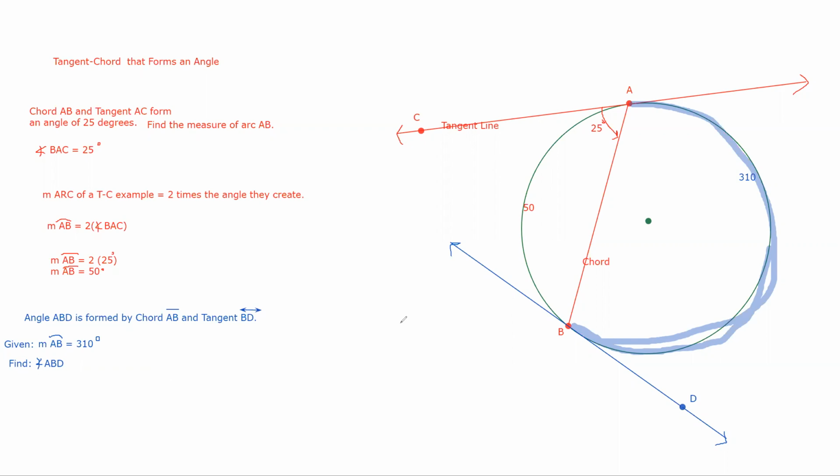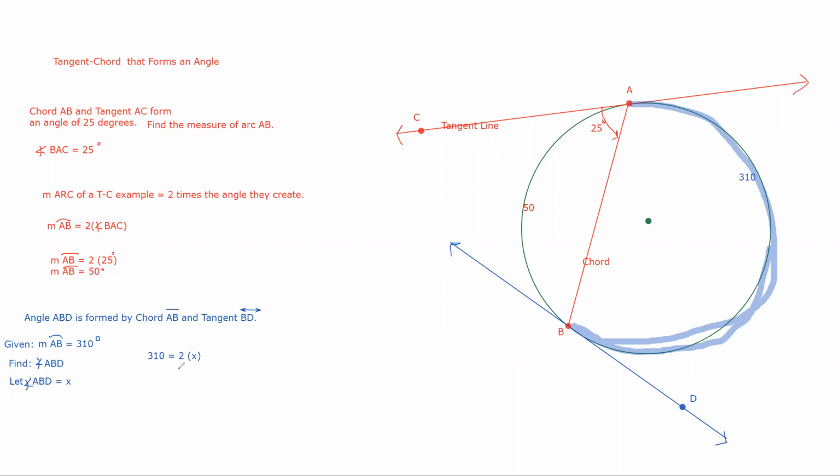All we have to do is plug it into the equation. So 310 equals 2 times x. That's our angle. We're going to let angle ABD equal x. Remember, we draw a picture, make an algebraic equation. We've been doing this since the first day of class, and I told you we would do it over and over and over.